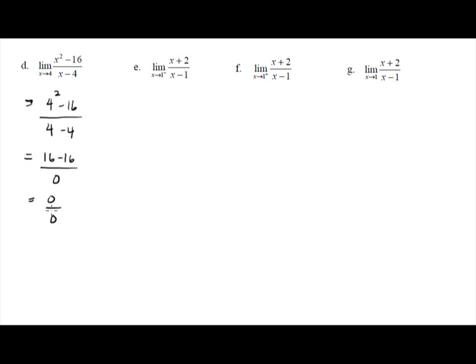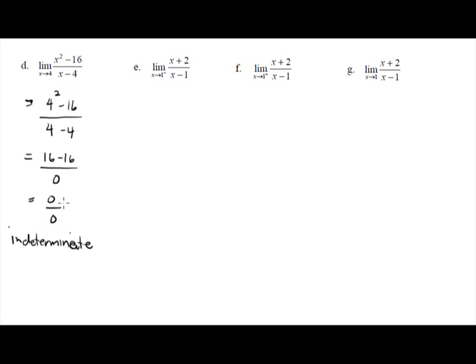Now the problem is we can't say that the limit is 0 over 0. Actually, we call this value 0 over 0 indeterminate. We don't know the real value yet. So how do we find the limit of x squared minus 16 over x minus 4?